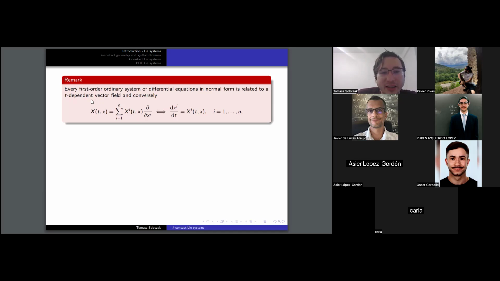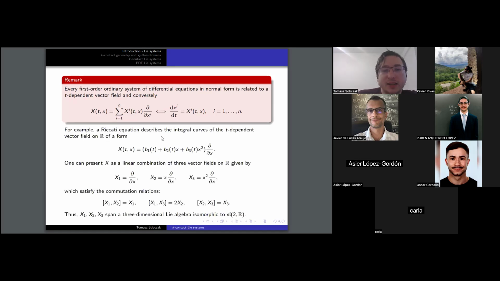Basically, the time-dependent vector field can be represented as a sum of coefficients, which are just smooth functions that depend on time and x, times the partial derivatives with respect to xi, and it is related to a first order ordinary system of differential equations in such a manner. Meaning we can relate them and exchange them; we can think of them as basically the same thing. For example, the Riccati equation describes the integral curves of a time-dependent vector field of such a manner.